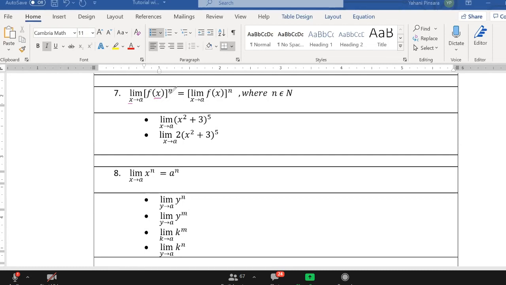There should be a power to apply this rule. In that case, we have taken this limit inside the brackets, and n is taken outside the limit. So that is what has happened.